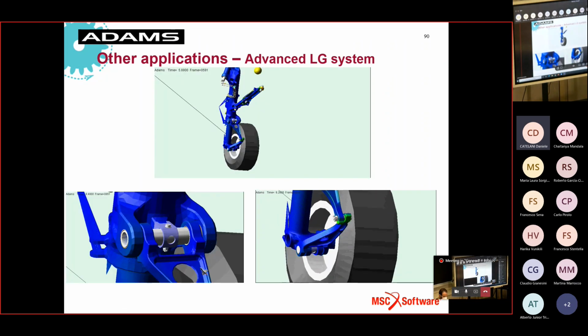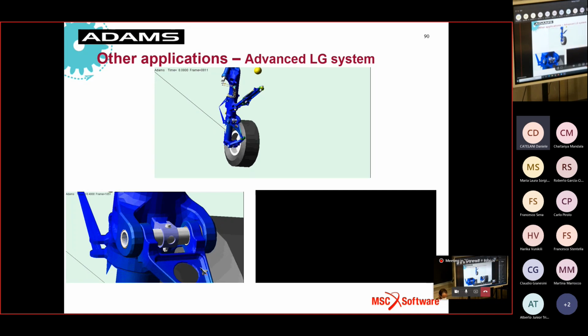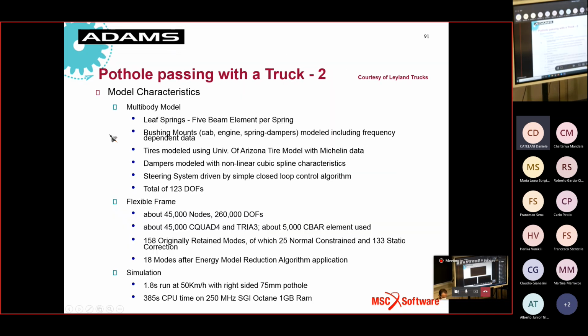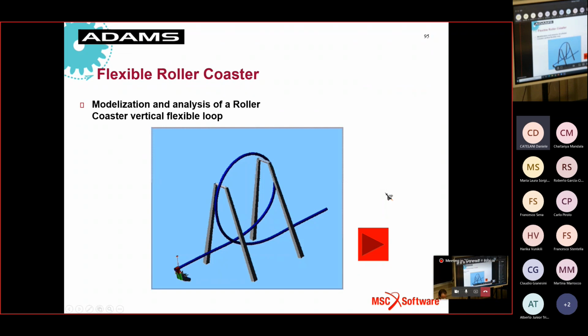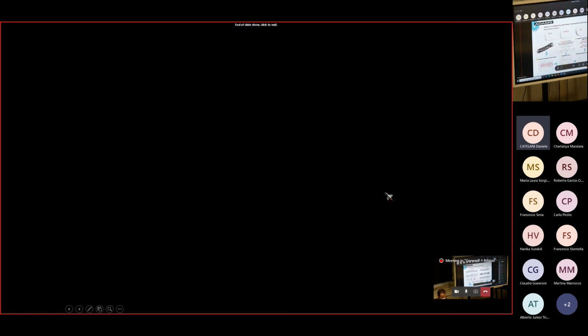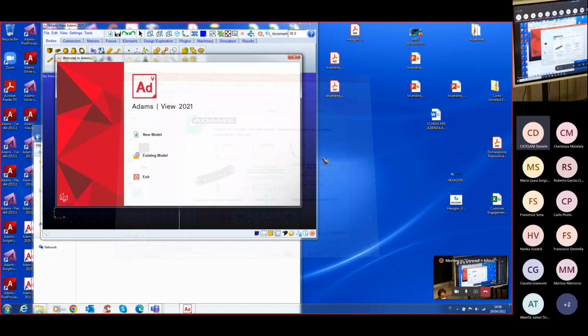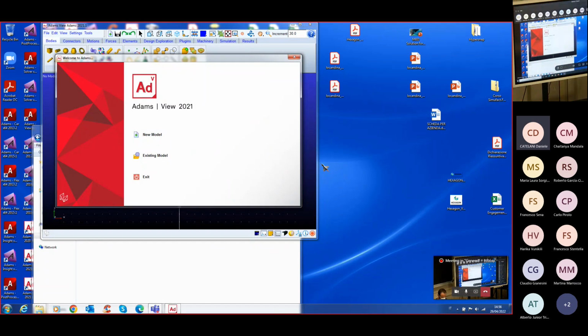Typically a shimmy effect, a vibration effect which disturbs handling, durability and noise of the aircraft. And we have many other examples on combustion, on rail, etc. Okay, this is the introduction.